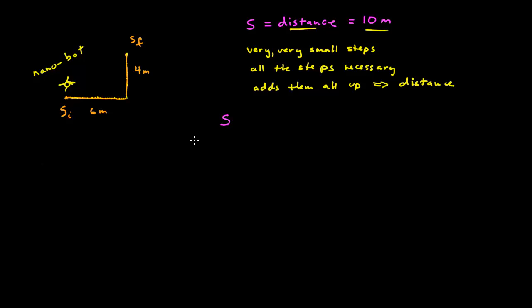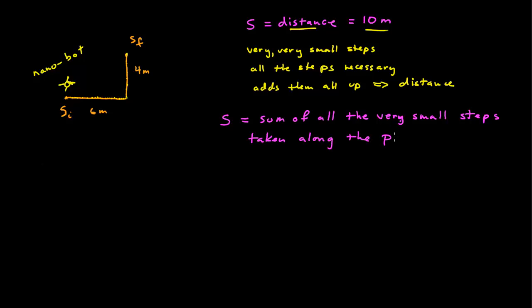Instead of just the total length traveled, my distance then is the sum of all the very, very small steps taken along the path from S initial to S final.